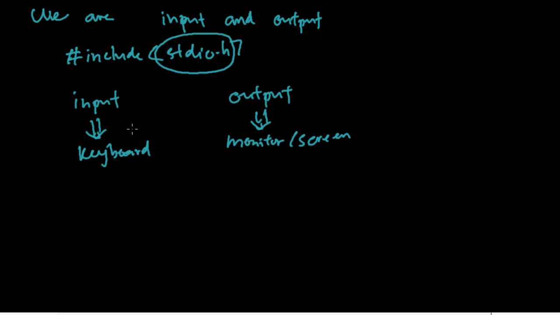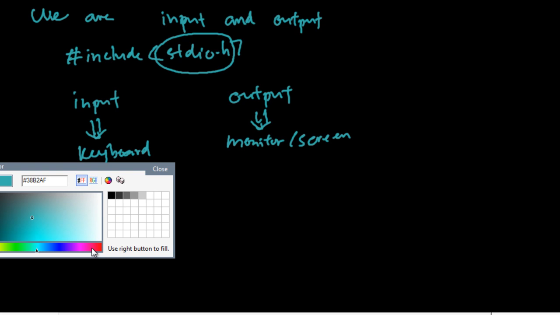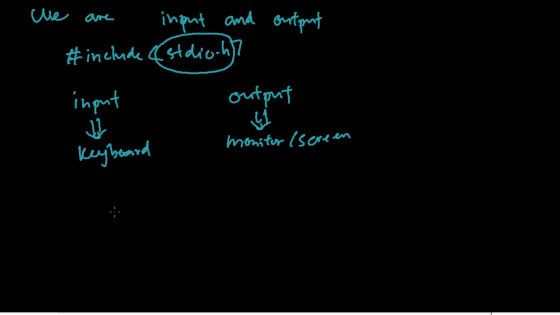Now, how do we display stuff on the screen? We display it like this. I'll use red. Now we use printf, open bracket, close bracket, semicolon.